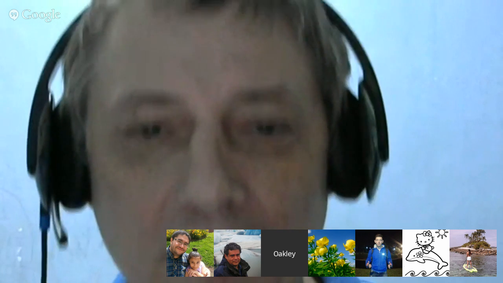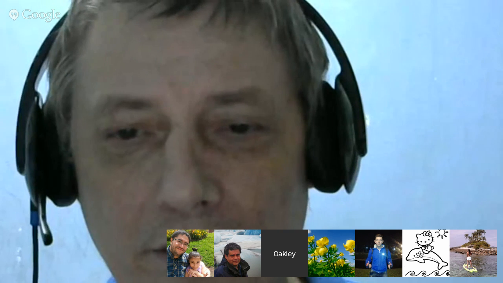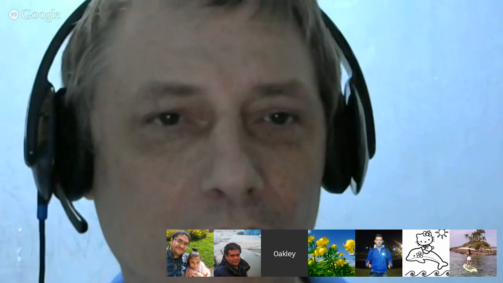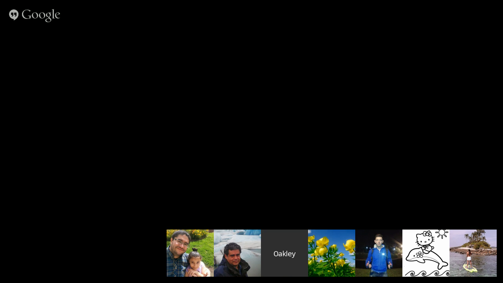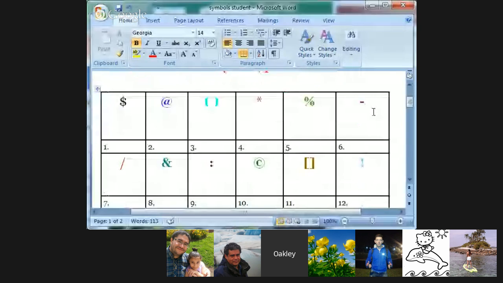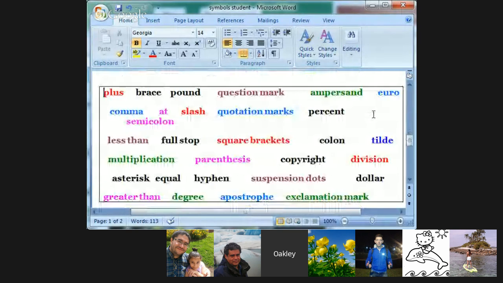Okay. Let's do it. I'm going to share a little document with you here. How do you read these symbols? I have a little chart here with lots of different symbols on it, and then I have a totally random bunch of vocabulary words, the names for these things.